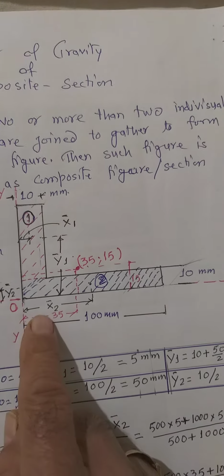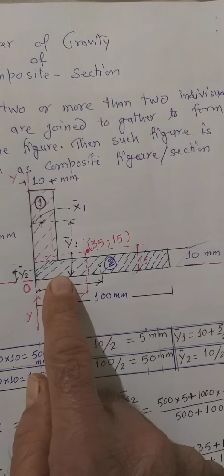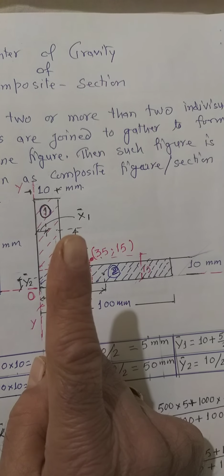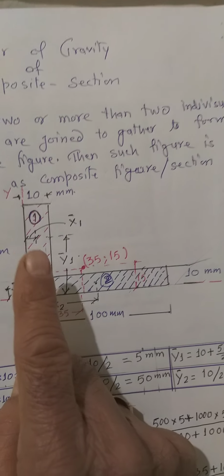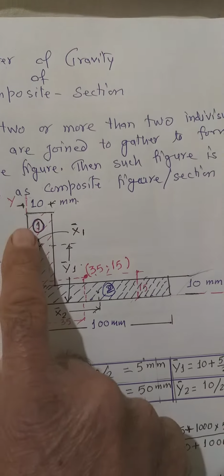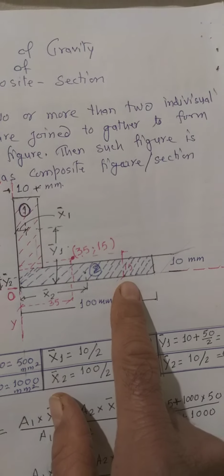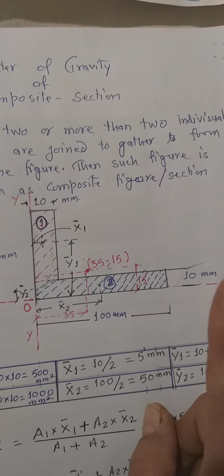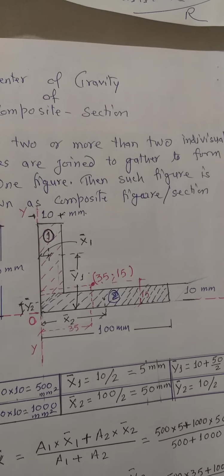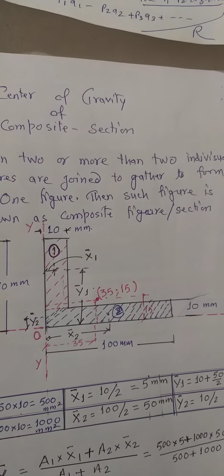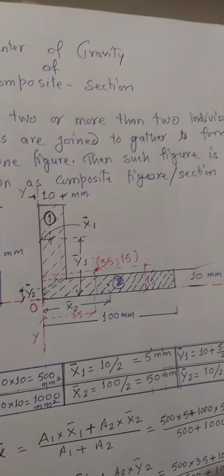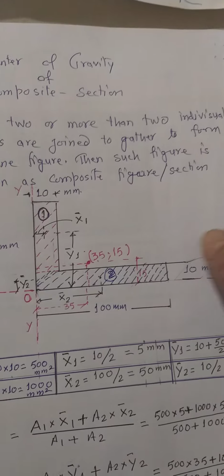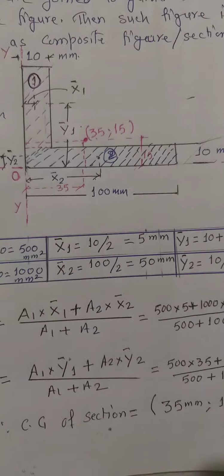That is called x bar 1 and y bar 1 for figure 1, and x bar 2 and y bar 2 for figure number 2. So we have to find out the different areas, different x bar and y bar of each individual figure, and put them in a tabular form.